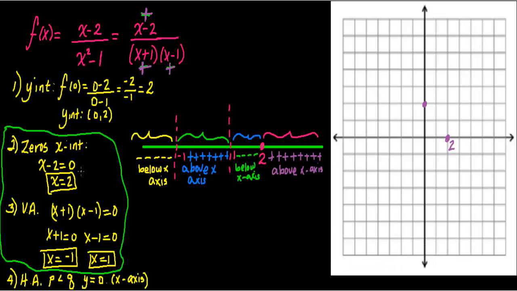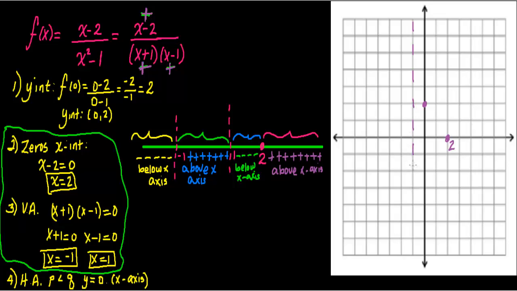The next thing I'm going to plot, going down the list, is my vertical asymptotes. I have one at -1 and another one at 1. Remember, the vertical asymptotes are really walls. The graph will not hit against the wall.